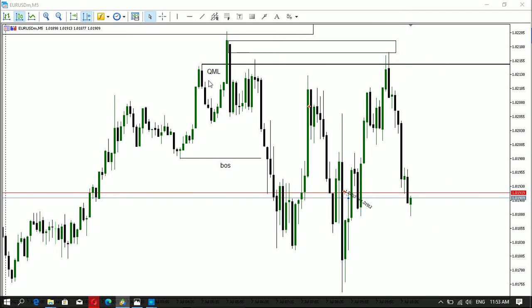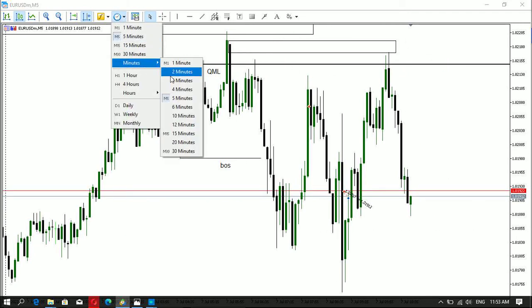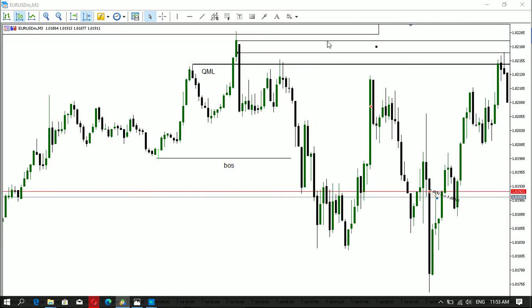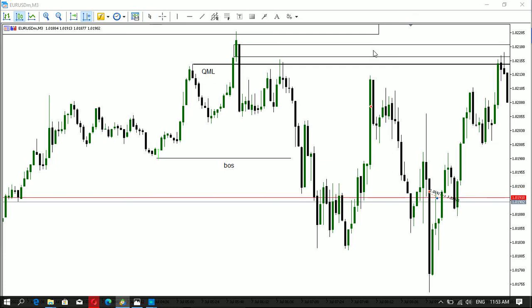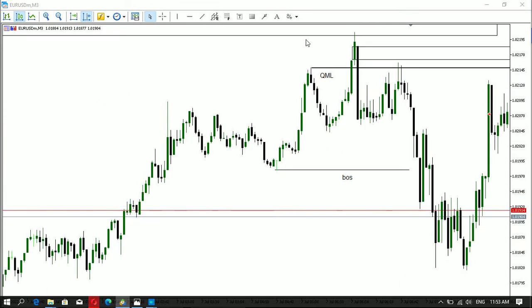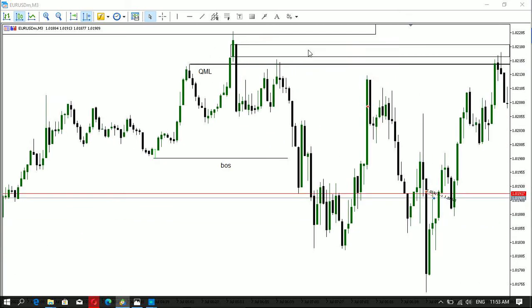So here we have the QML right here, but you can see that it is even clearer here on the 3 minutes time frame. We have our area of supply after I tapped on that 5 minutes supply zone. So this is a clean one.